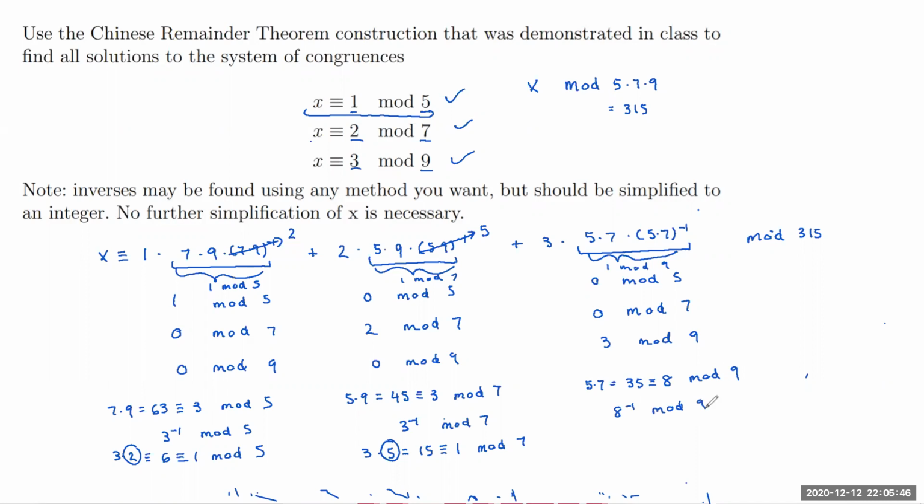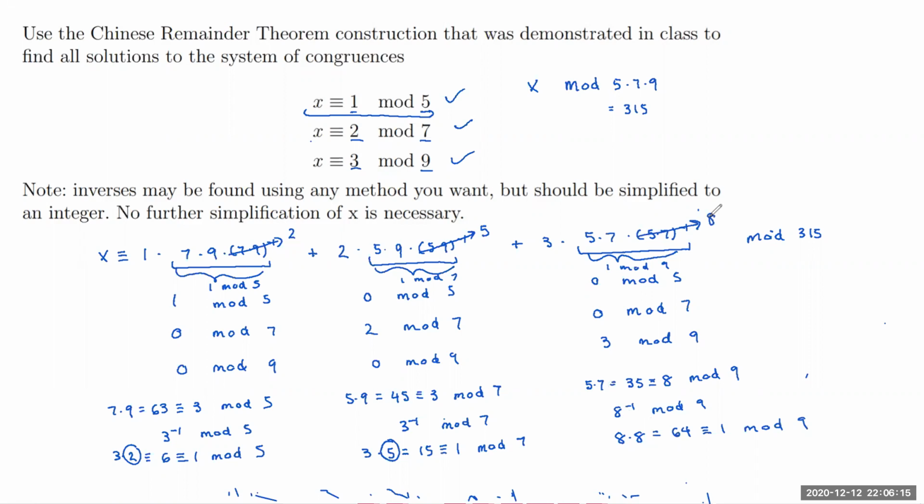Similarly, I like doing these by trial and error. 8 times 8 is equal to 64, and 64 is 1 more than 63, so that would be equivalent to 1 mod 9, since 9 times 7 is 63. So the inverse of 8 would just be 8. So this term becomes an 8.